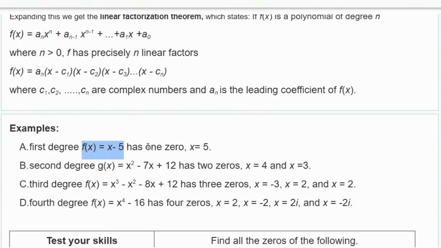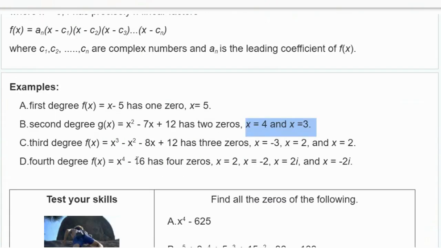Okay, so if you have a first degree function, f of x equals x minus 5, it'll have 1 zero, which is x equals 5. If it's a second degree, which is x squared, it'll have 2 zeros. In this case, x equals 4 and 3, because that'll factor. If it's third degree, 3 zeros. This one factors to have these 3. X to the fourth minus 16 means it has 4 zeros.